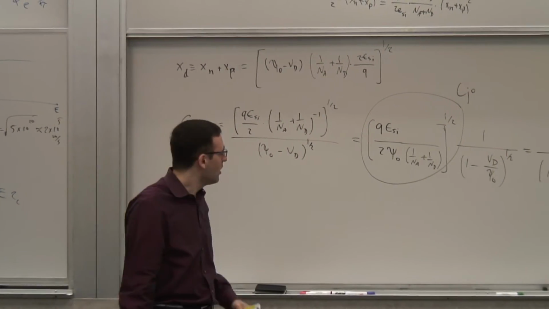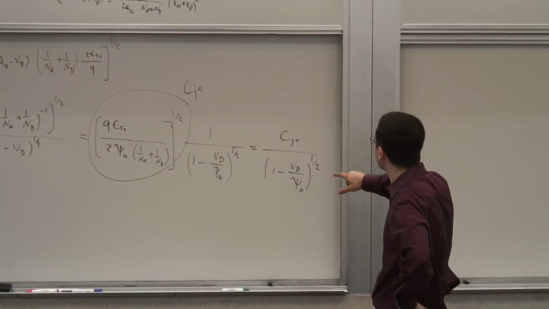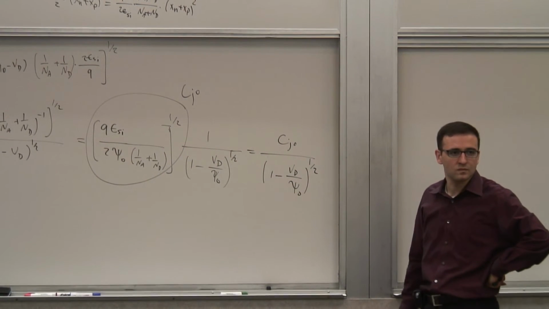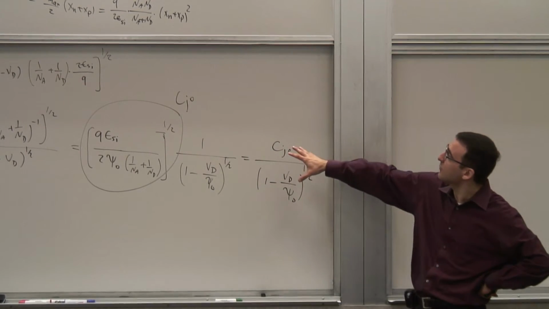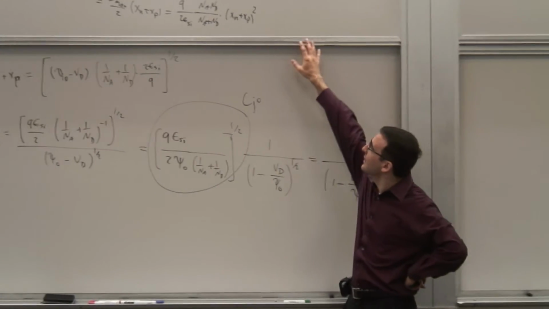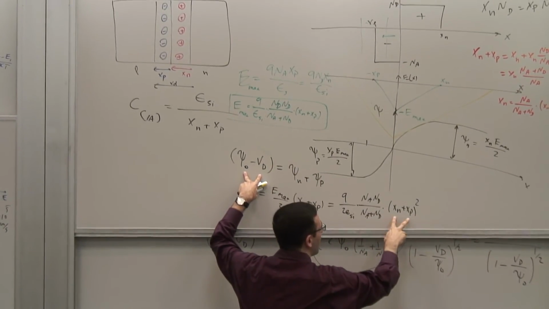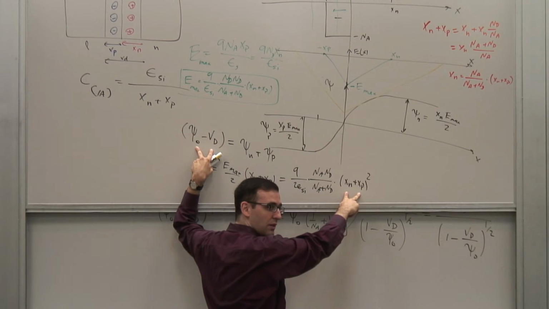As you expect. So this is interesting because you have this capacitor, but now this behavior, this square root dependence, where did that come from? This square root came from the fact that I had an electric potential drop that was proportional to the square of the depletion width.